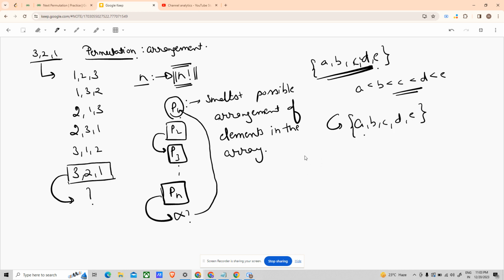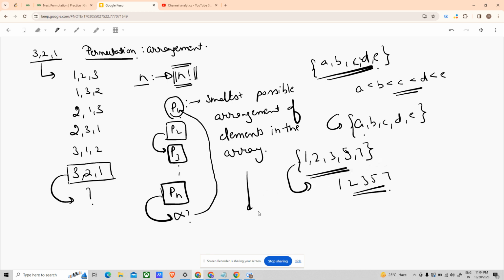That is, suppose we have been given the array 1, 2, 5, and 7. Isn't 1, 2, 5, 7 the smallest possible arrangement? Think about it. There is no explanation for it. You just have to think it. The smallest possible arrangement is the sorted order. I hope I'm clear until now.